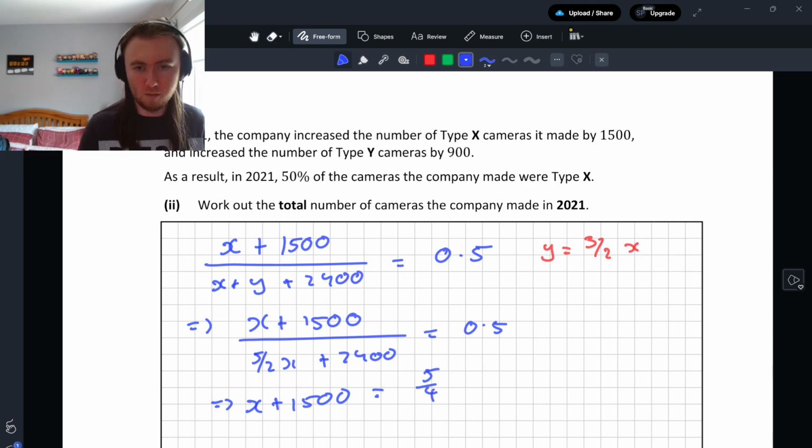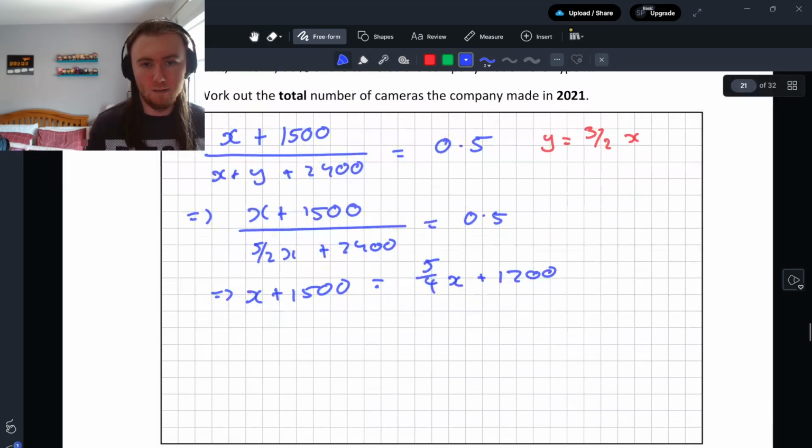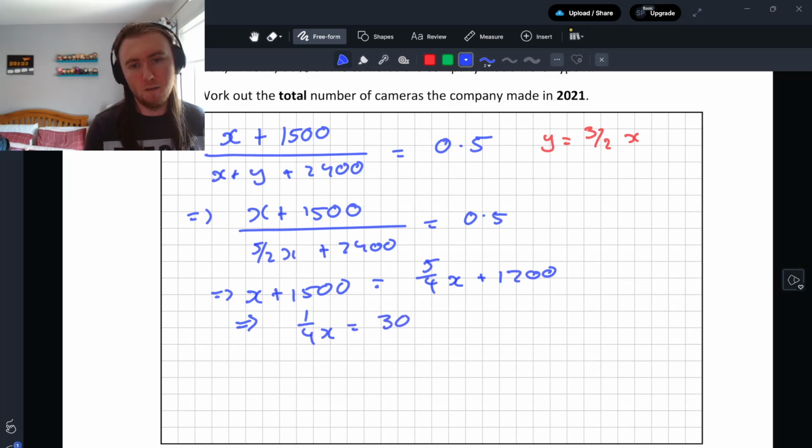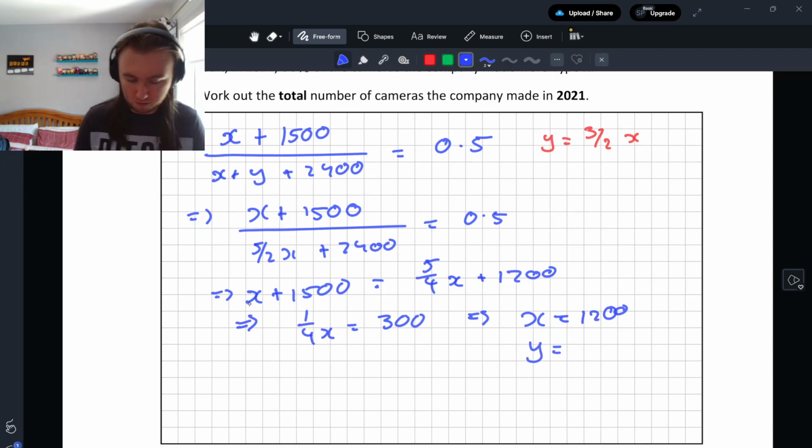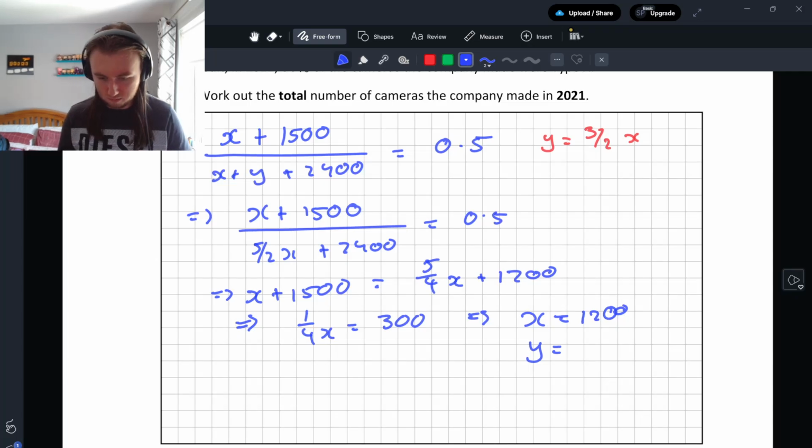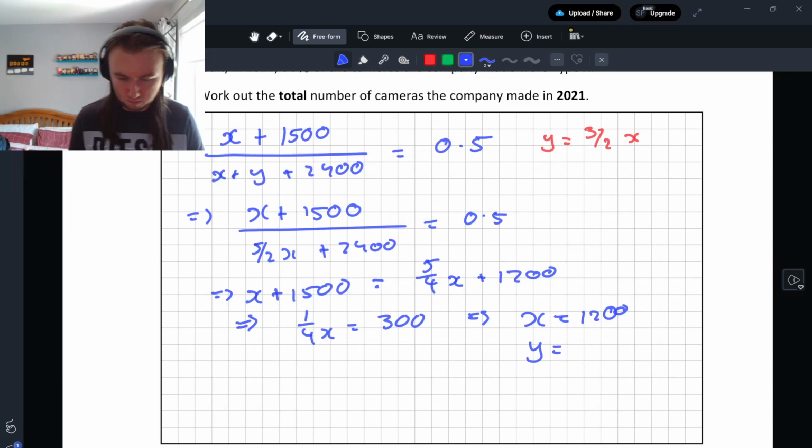So 5 over 4 x plus 1,200. So subtracting that, we get 1 over 4 x equals 300. So x is 1,200. And y is just 3 over 2 times that, which is 1,800.